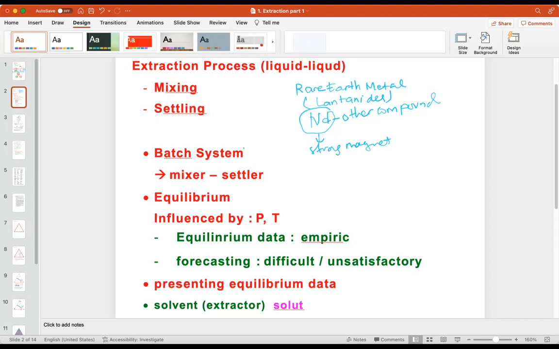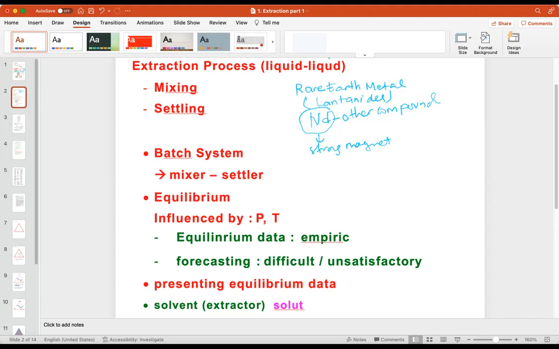It may be a batch system, for example mixing and settling. Why am I telling you this, the application of the unit operation? Because as chemical engineers, we don't only calculate. The calculation is just a tool, but it is much better if we know the application of this unit operation.